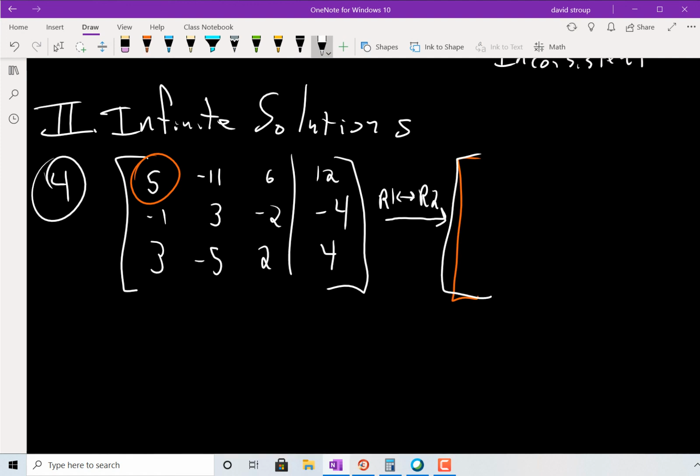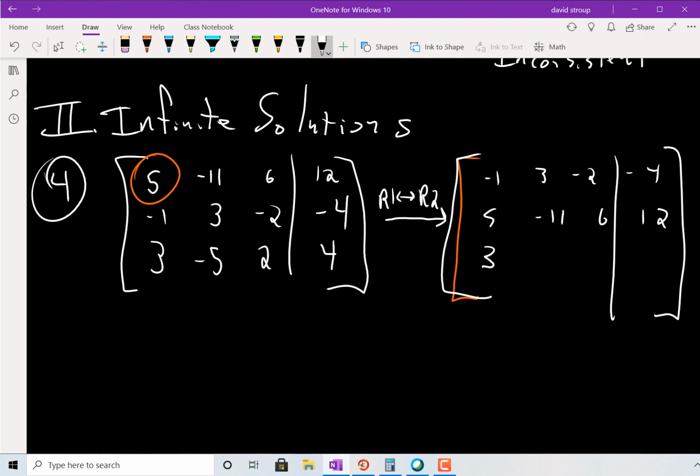So I have -1, 3, -2, -4, and then 5, -11, 6, 12, and then 3, -5, 2, 4. Then I'm going to multiply that first row by -1.